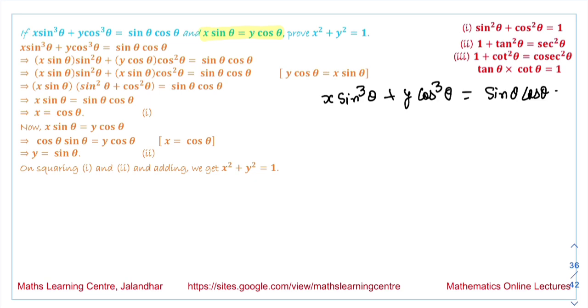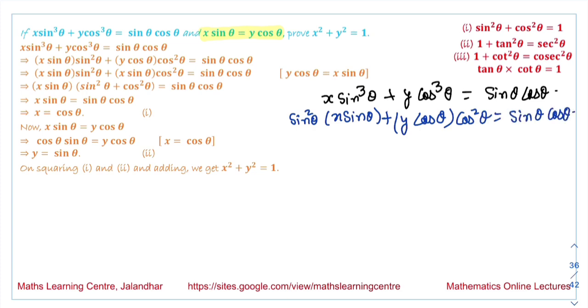So this term we can write as sine theta, taking sine square theta common, so we are left with x sine theta plus y cos cube theta, that is equal to, in place of y cos cube theta, we are writing y cos theta into cos square theta, this is equal to sine theta into cos theta.